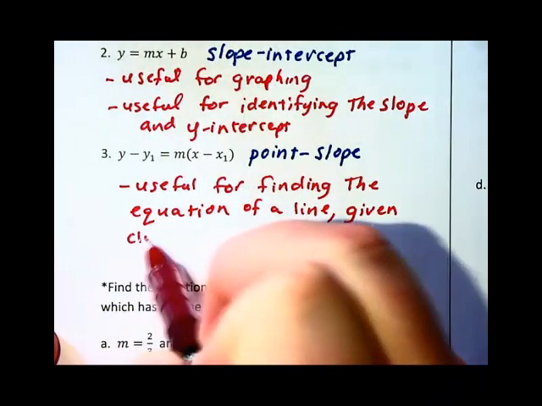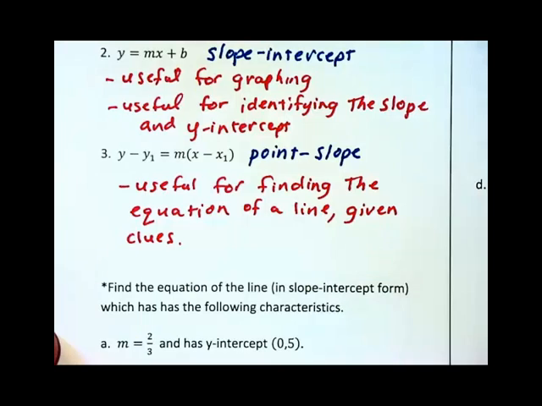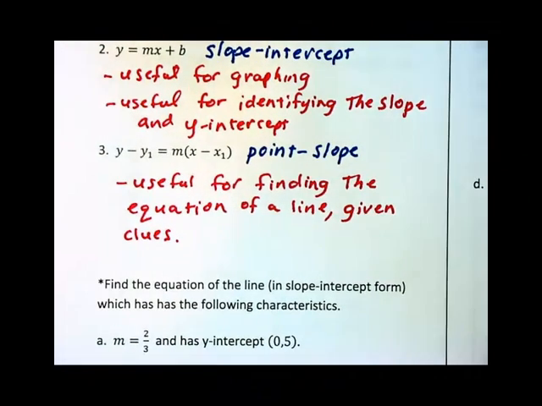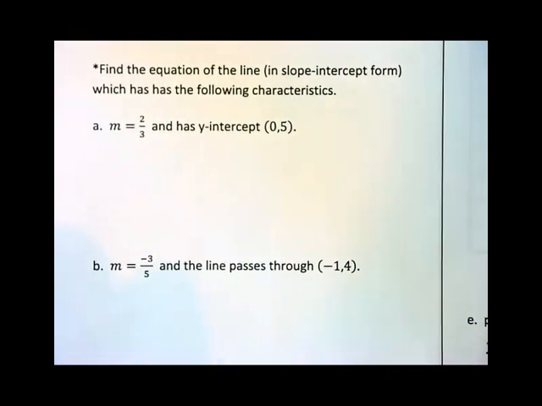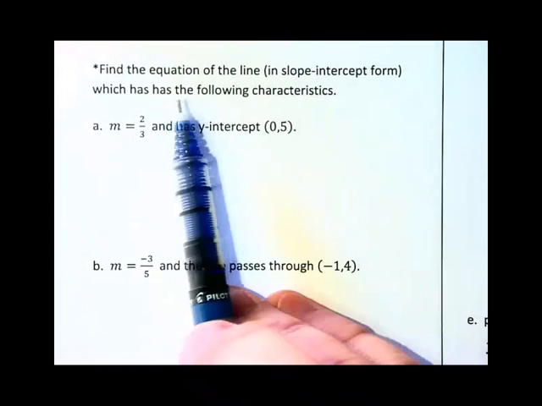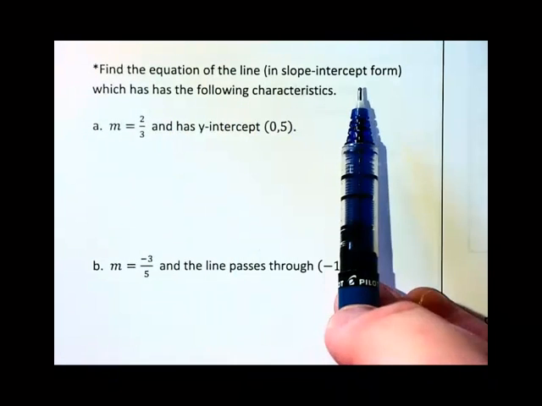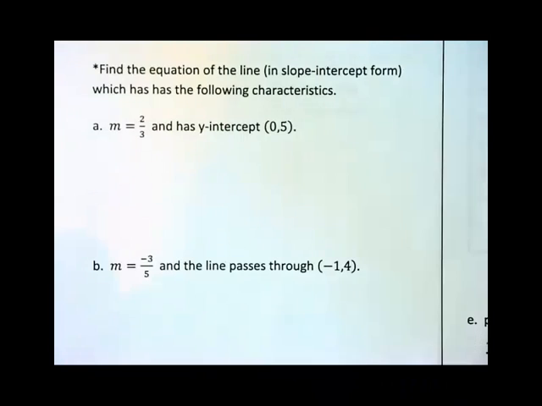Sometimes we don't just give you the slope and the y-intercept directly. Sometimes you've got to play along with some clues to find the equation of the line. So what we're about to have on this sheet of paper is 5 different problems representing 5 different patterns, and the overall direction is find the equation of the line in slope-intercept form having these characteristics.